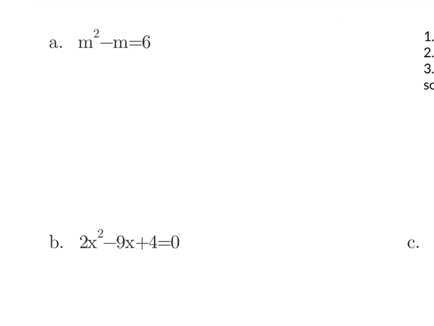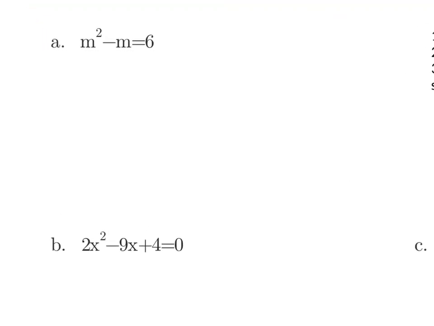So for example A, the first thing I need to do is get all terms to one side. So I'm going to subtract 6 from both sides. We get m squared minus m minus 6 equals 0.